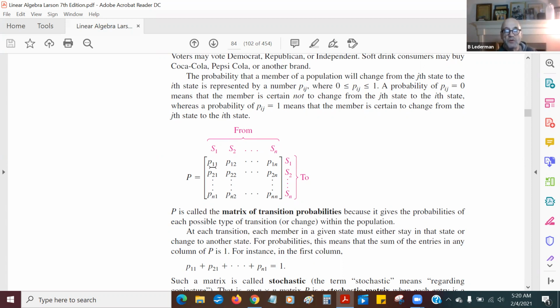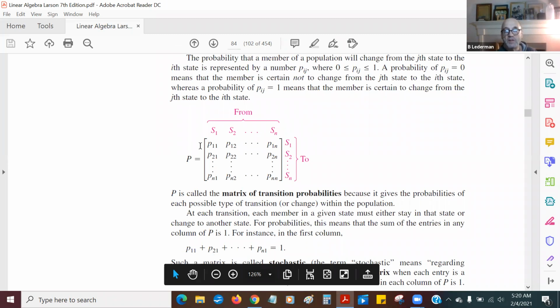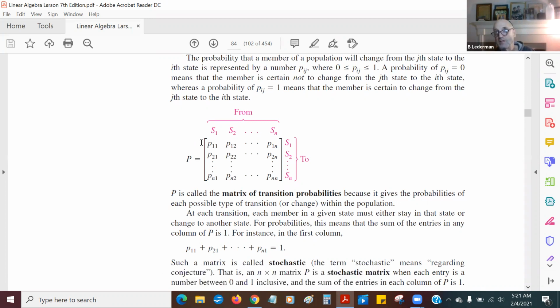So the probabilities in any given column have to add up to 1, because there's a 100% probability I'm going to do something: either I'll stay where I am, or I'll move to something else.